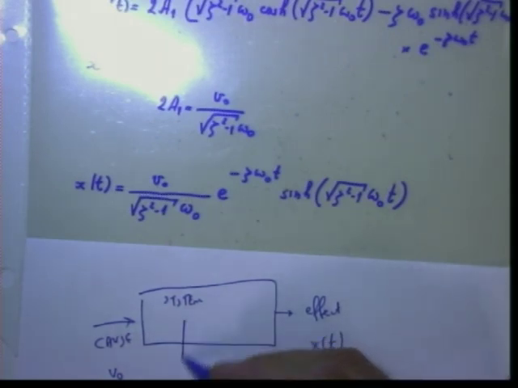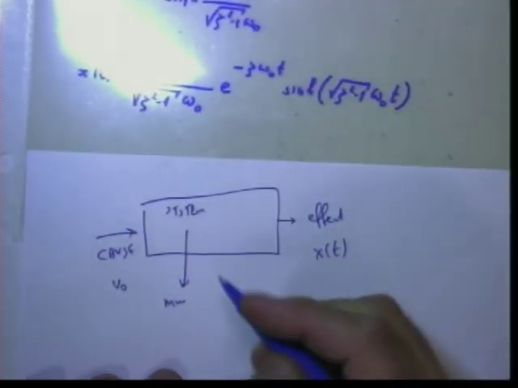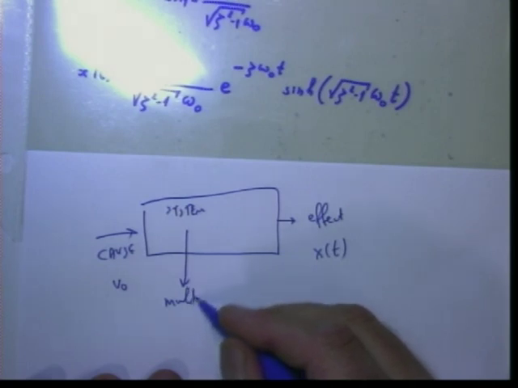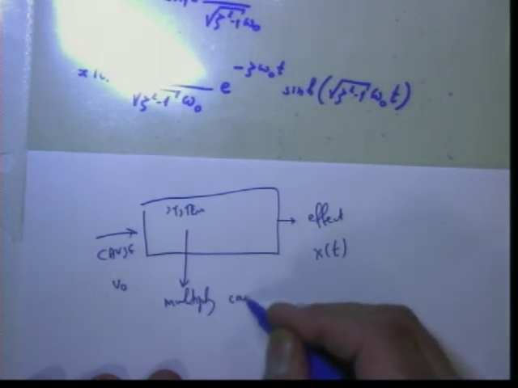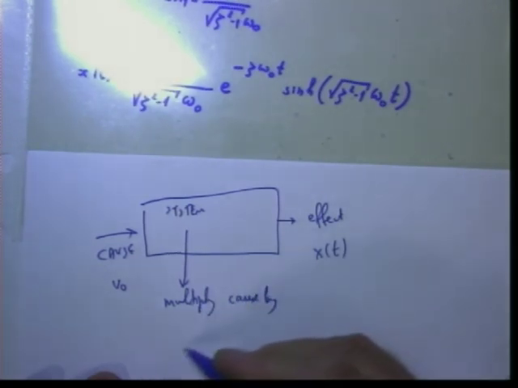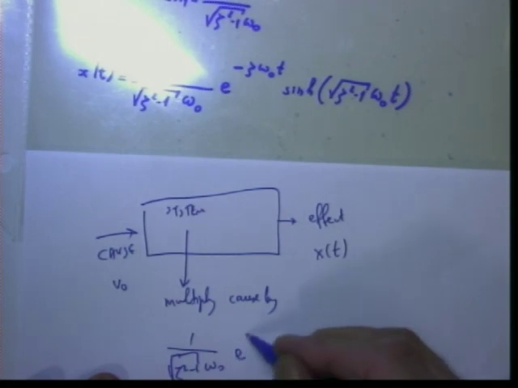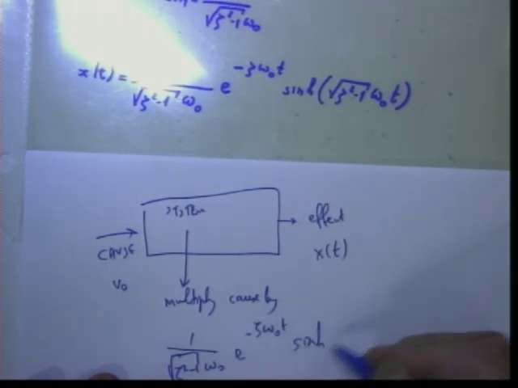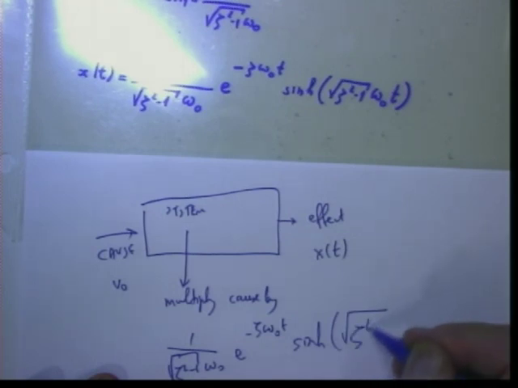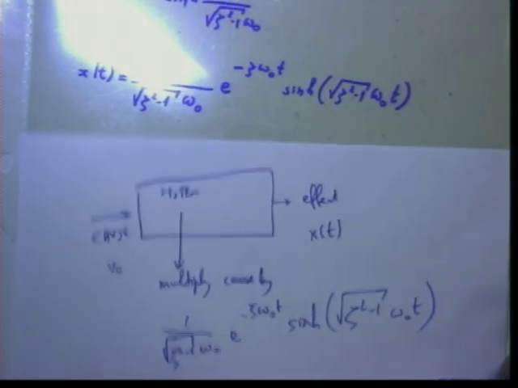And the system is characterized by this one. Multiply cos by 1 over zeta square minus 1 omega sub 0, e to the power minus zeta omega sub 0 t, hyperbolic sine of the square root of zeta square minus 1 omega 0 t.